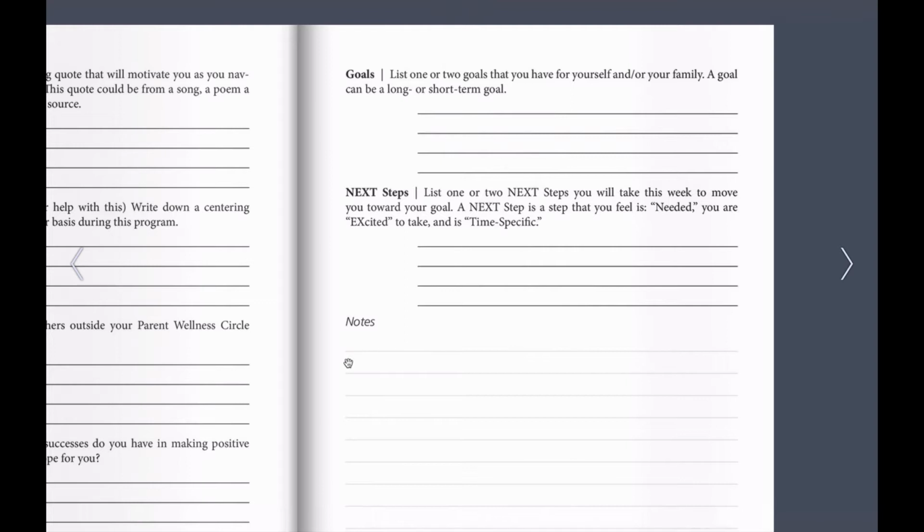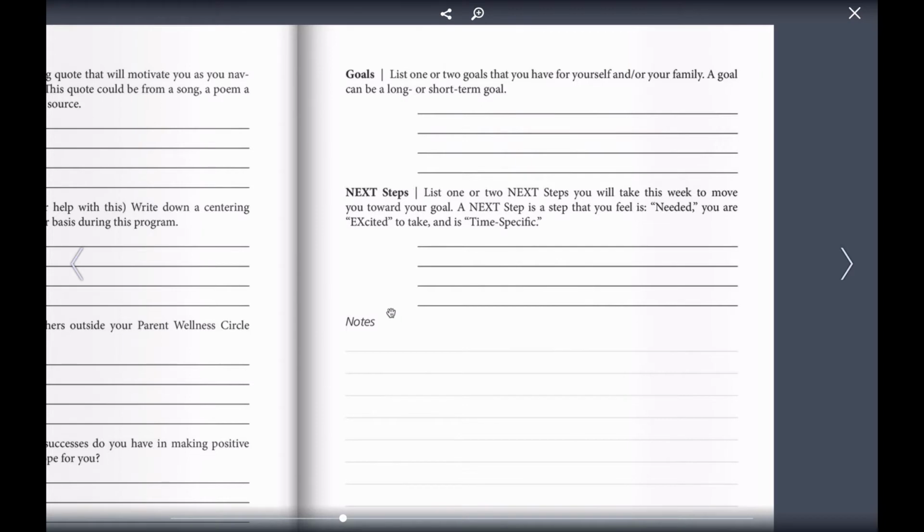It's their goal. Remember, motivational interviewing, this is all their initiative. They are setting the area, choosing the area. They're setting the goal within that area, and then they're going to choose their next step, something they can do this week to move them closer to that goal.